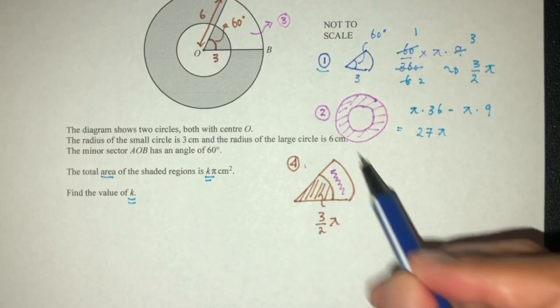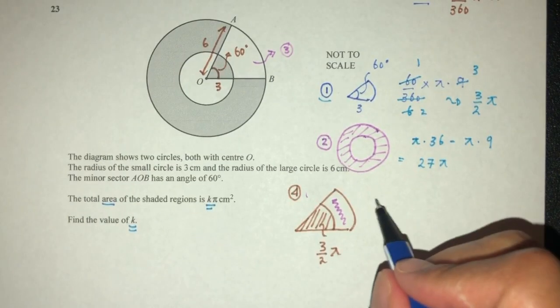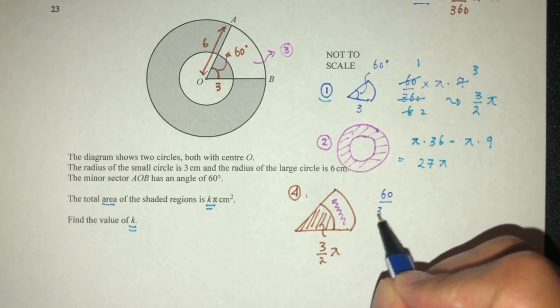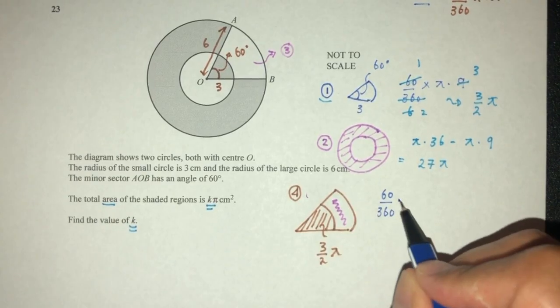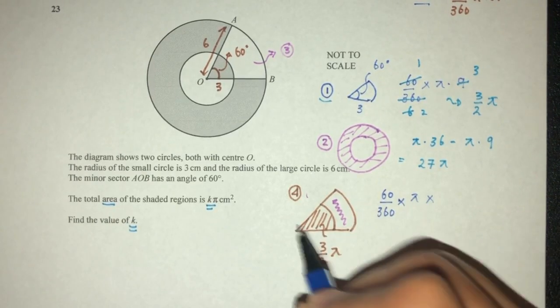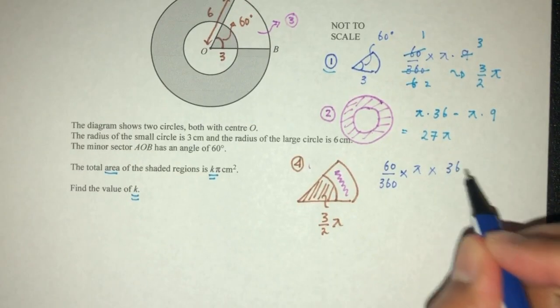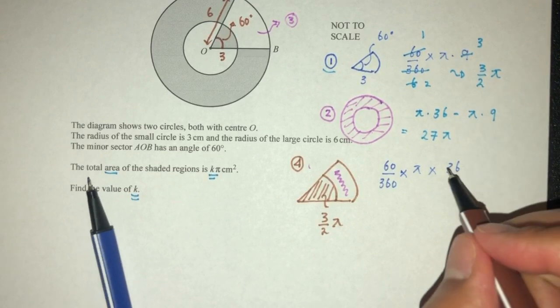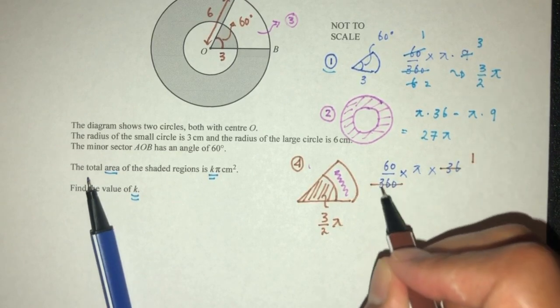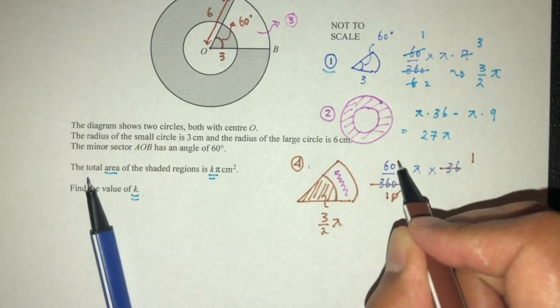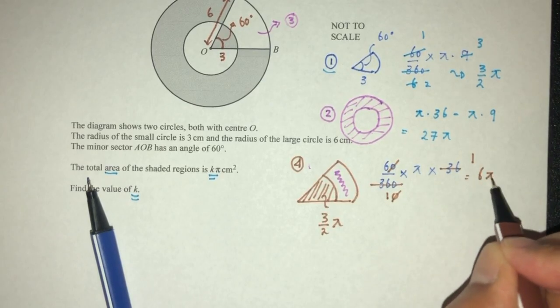Now the whole thing is pretty easy as well. Area of sector, the angle is 60 over 360 times pi r squared, this r is 6, right? This is the big one, that will be 36. Now we can divide by 36, the zeros cancel out, and you will have 6 pi.